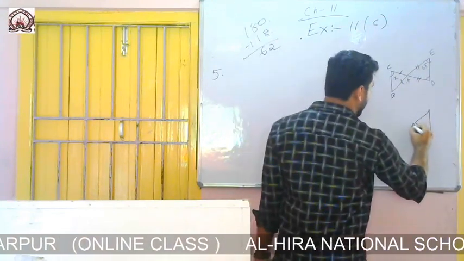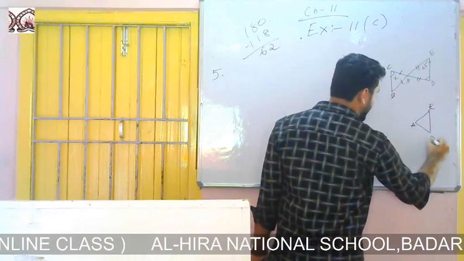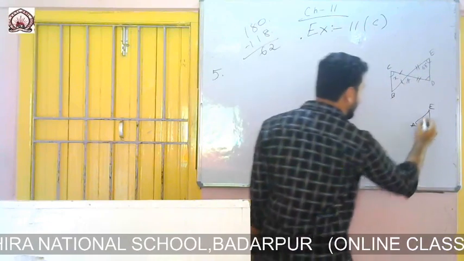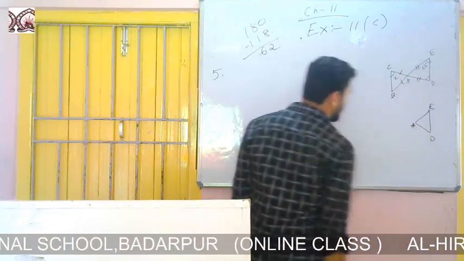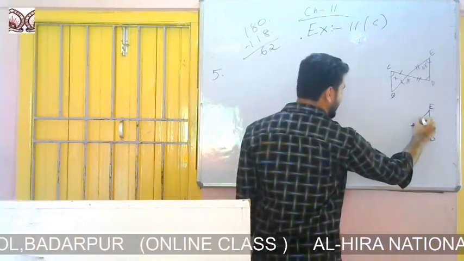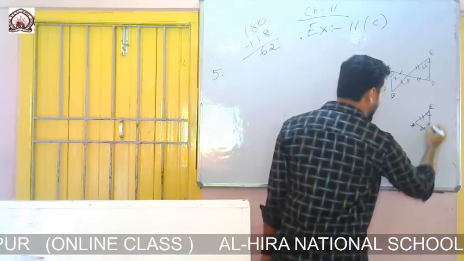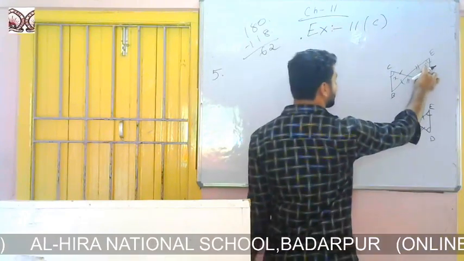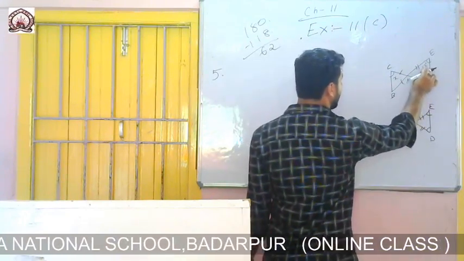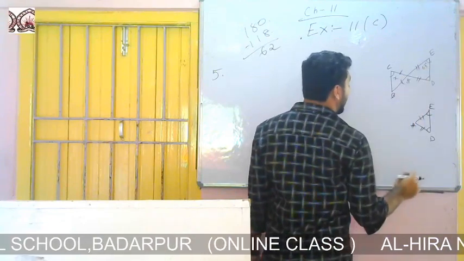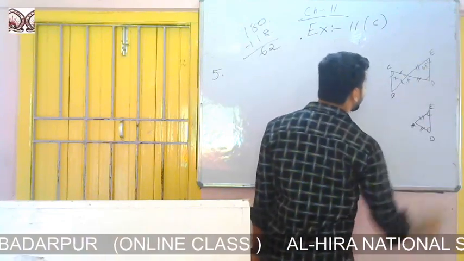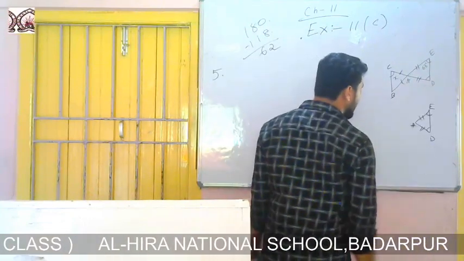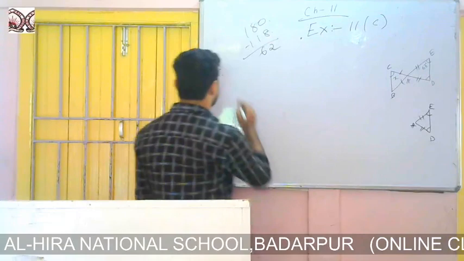If these two sides are equal, then their opposite angles are also equal. That means angle E equals to angle D. That means if angle E equals to 63 degree, then angle D equals to 63 degree.